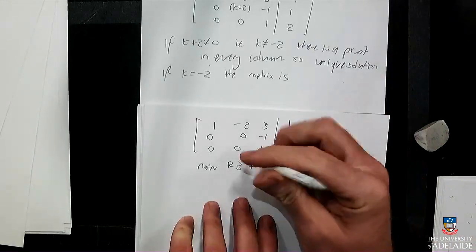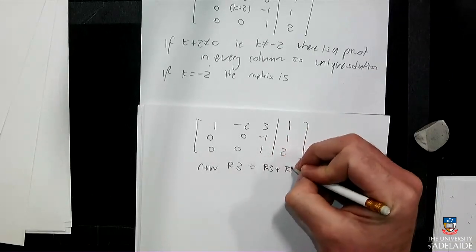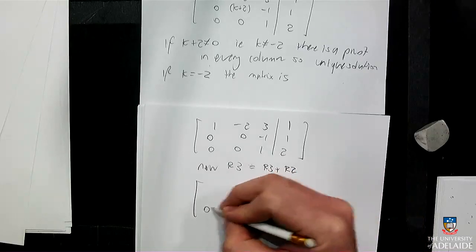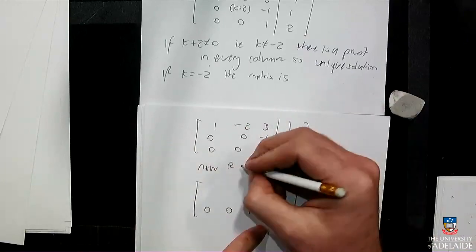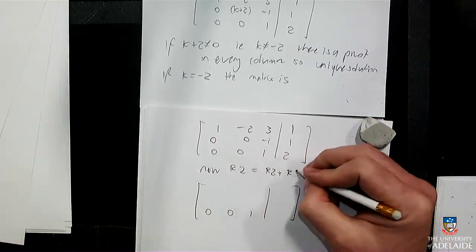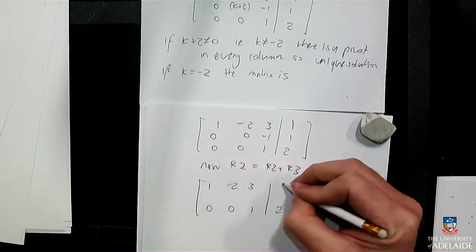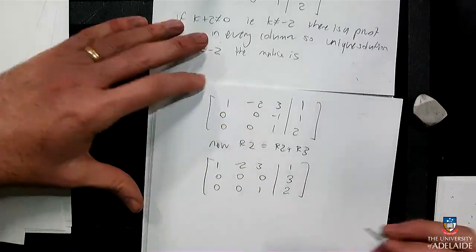New row 2 is row 2 plus row 3. Didn't change row 1, 0, 0, 0, 3, and now there's no solutions.